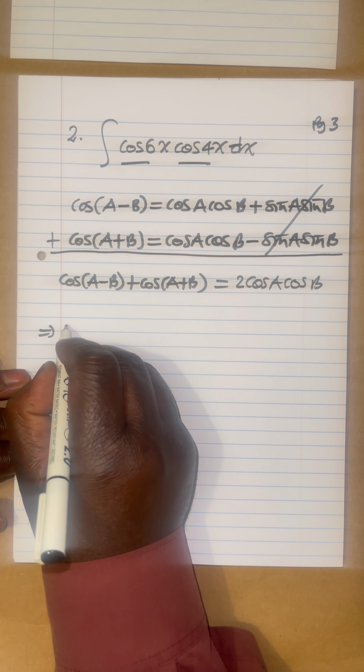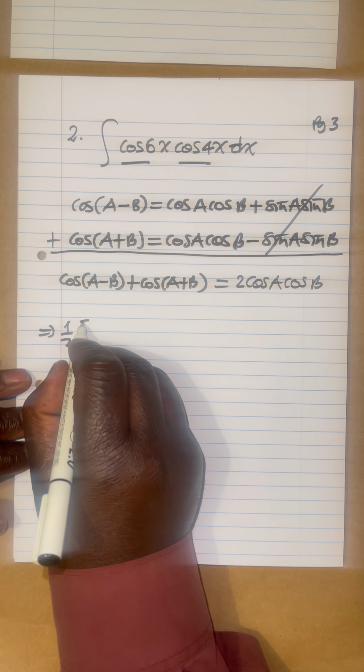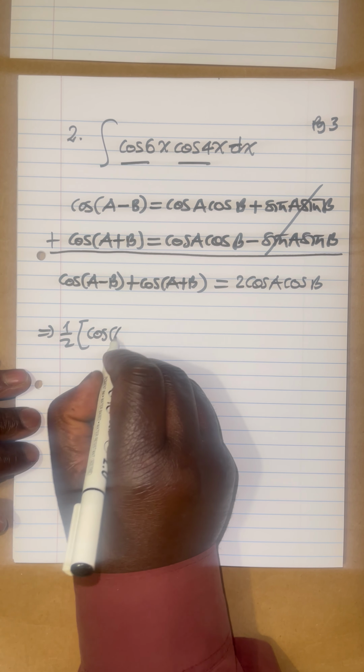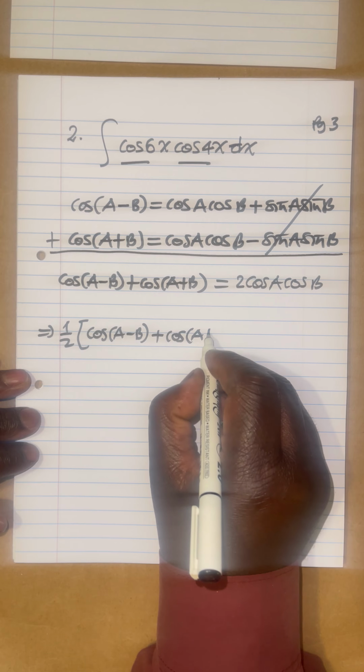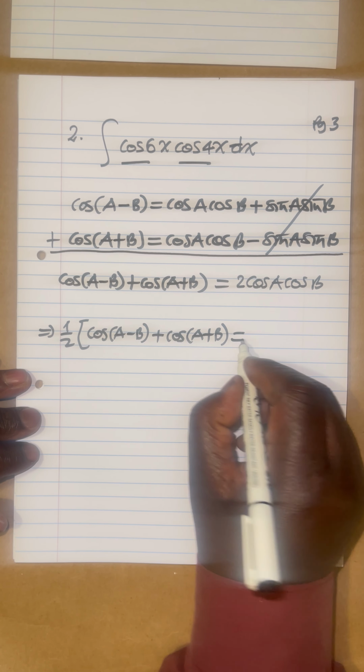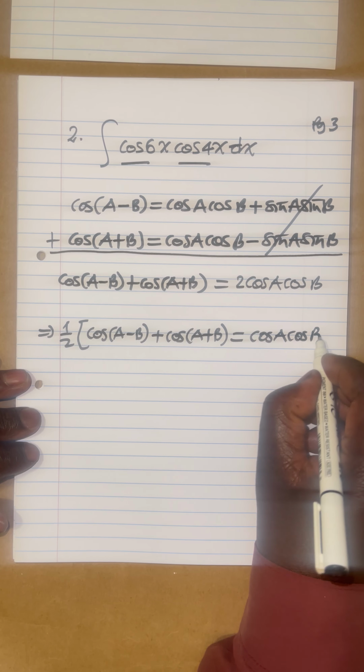So what do we get? We get 1 over 2 multiplied by cosine of A minus B plus cosine of A plus B, which will be equal to cosine of A cosine of B.